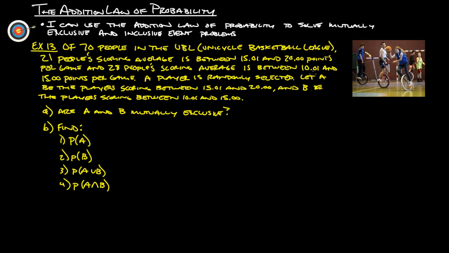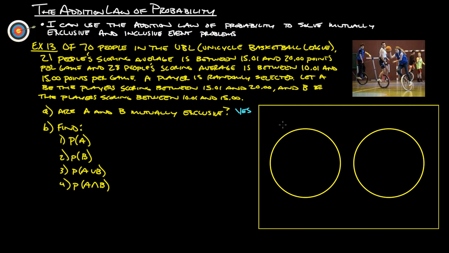You can't have two different averages. Your average is going to fall in one of those two ranges. Since they can't both happen at the same time, they are mutually exclusive. So we want to include a Venn diagram that does not have overlap. You can actually have one that has overlap, but then there's just going to be nothing in the middle. Here's what our Venn diagram should look like.